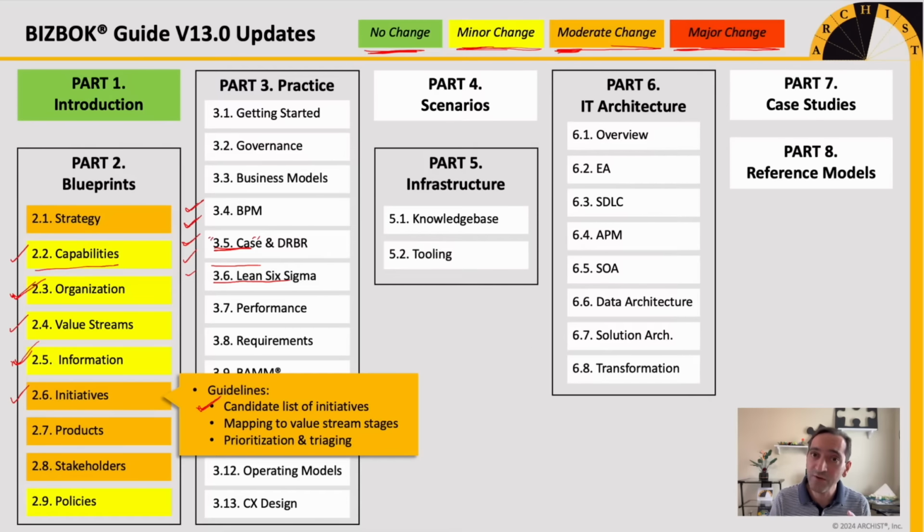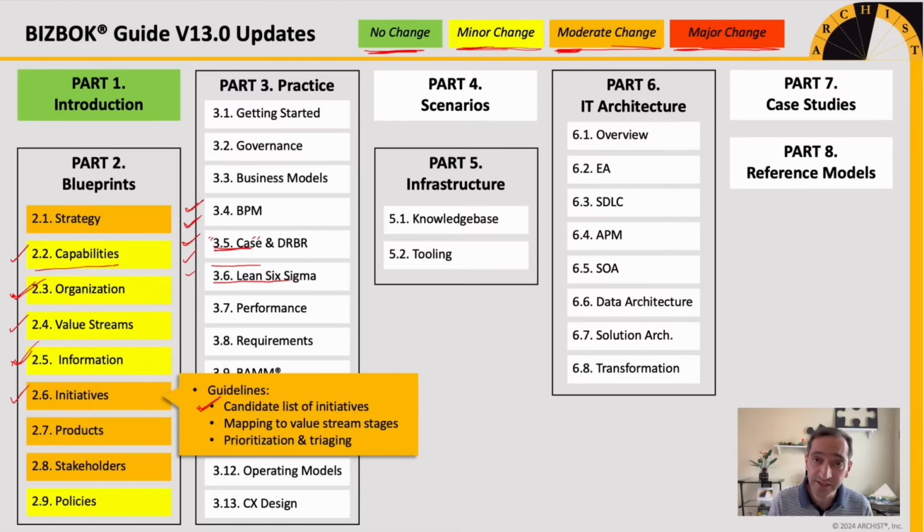When we are involved as part of defining initiatives, we can actually identify those candidate lists of initiatives based on the assessments and analysis that we do in that specific context. Again, the context could be executing a strategy, a business transformation, any type of change or different scenarios that we are involved in.